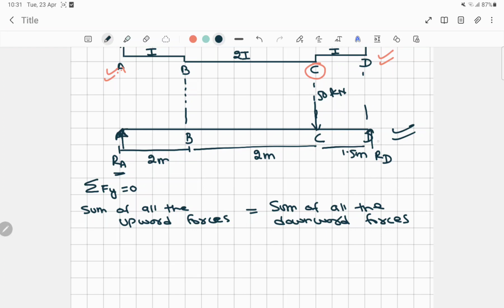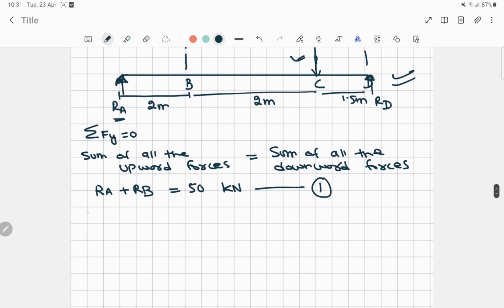That is RA and RD, right? So RA plus RD is equal to the downward forces. How many downward forces are there? Only one, that is 50 kilonewton. Let it be equation 1.